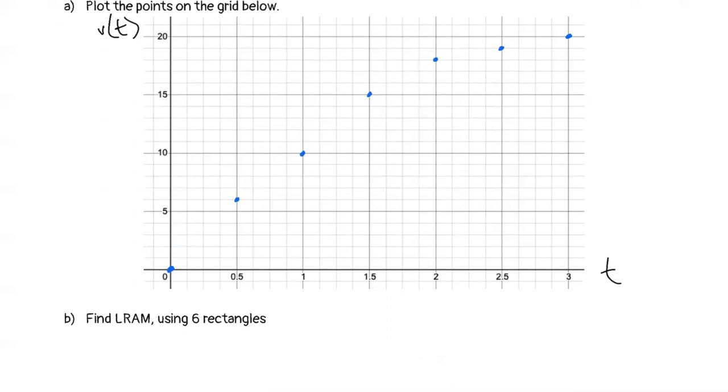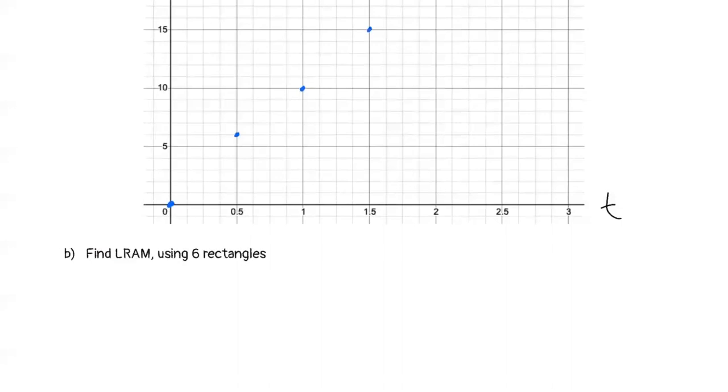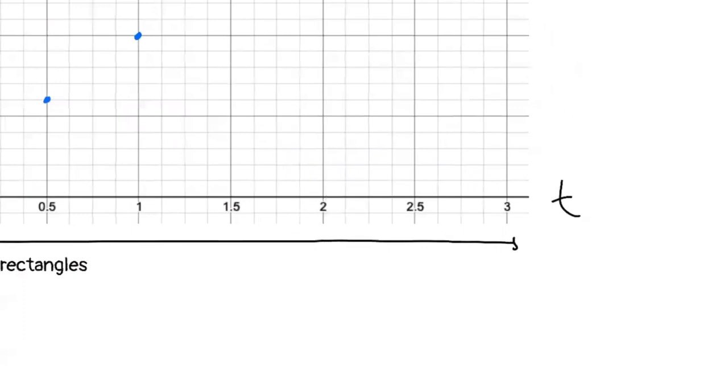So what we're going to find first in part B, it says find LRAM using 6 rectangles. So we're going to take our x-axis down here, and it will be the base of the rectangles.